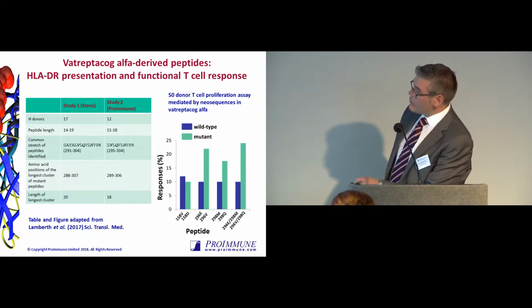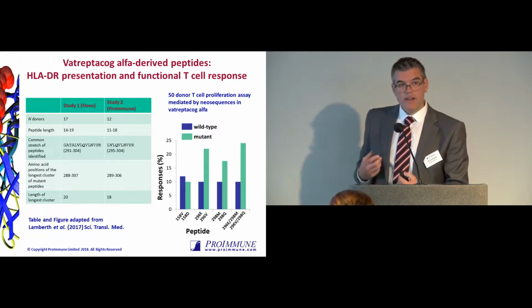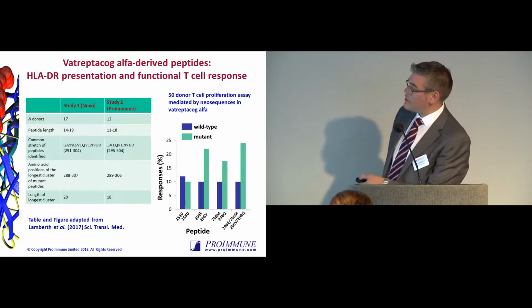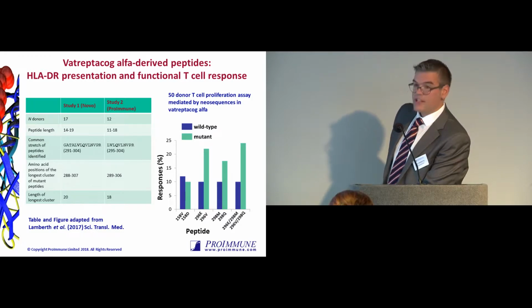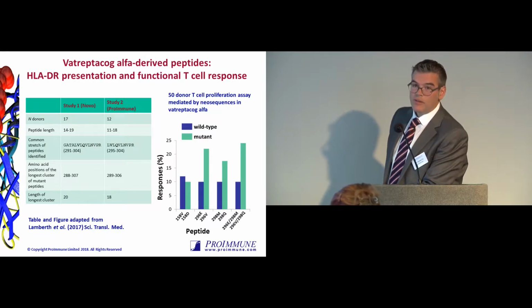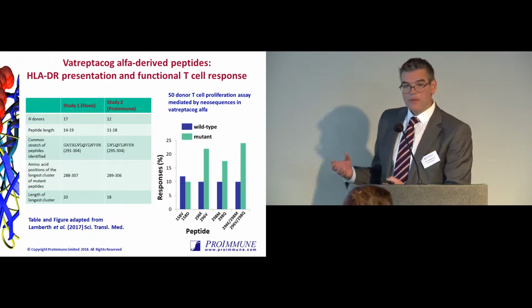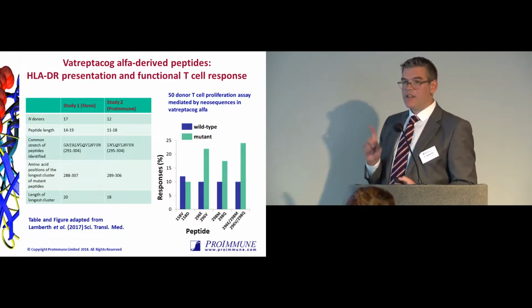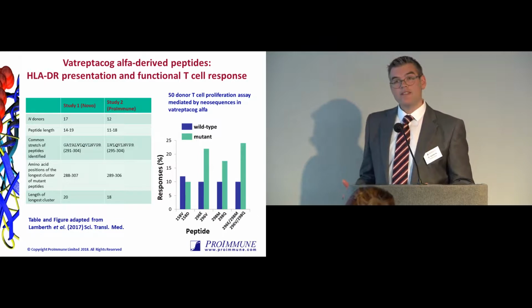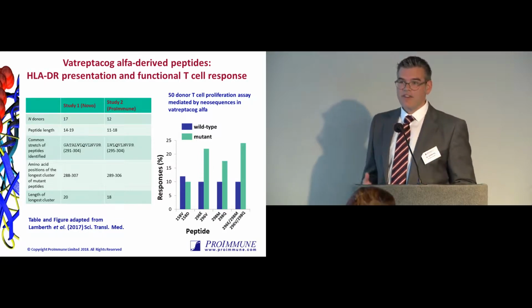And furthermore, when you go on to look at the functional relevance of those peptides in a T-cell proliferation assay, if you look at the wild-type sequences shown here in blue, this N-terminal modification at position 158 actually had no impact at all on T-cell proliferation. So this is a peptide that's presented, but actually doesn't lead to any T-cell proliferation. So that's another important take-home point, that not all peptides that are presented are necessarily functional T-cell epitopes.